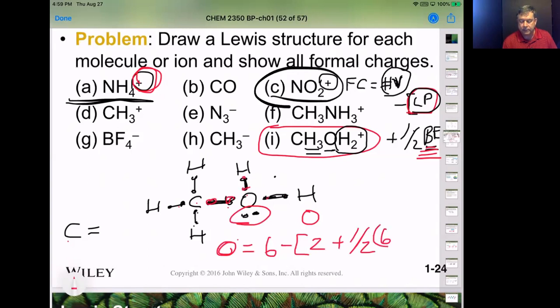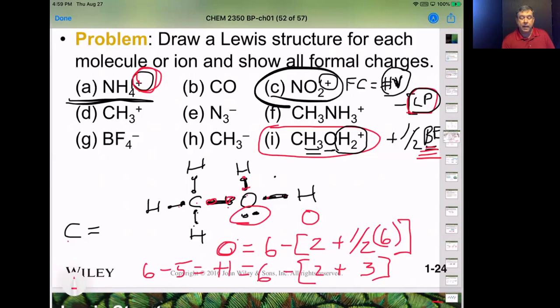So that's 6 right here. Half of 6 is 3, plus 2, so that inside the brackets makes it 5. So we have 6 minus 5, which is equal to plus 1. So that means the plus 1 has to be on this oxygen.